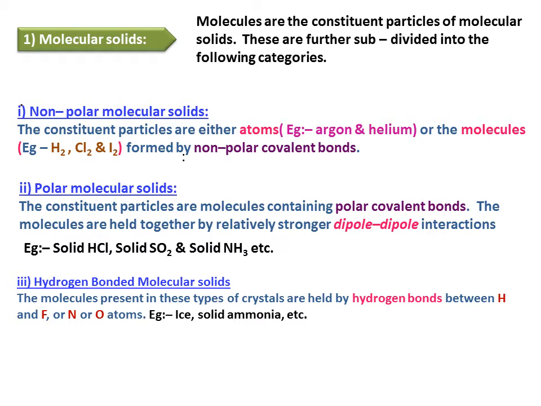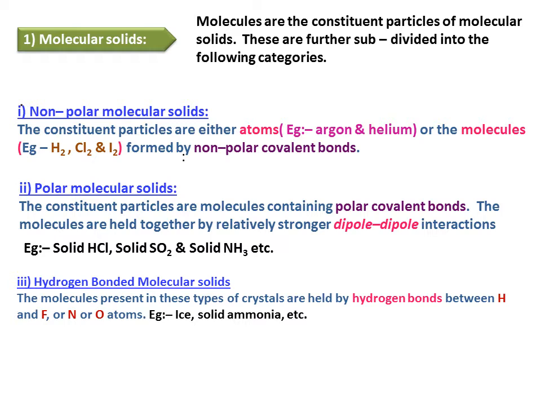Number three, hydrogen bonded molecular solids. Before going to it, I would like to define again what a hydrogen bond is. A hydrogen bond is a type of bond formed between hydrogen and electronegative atoms like fluorine, nitrogen or oxygen. Then what are hydrogen bonded molecular solids?